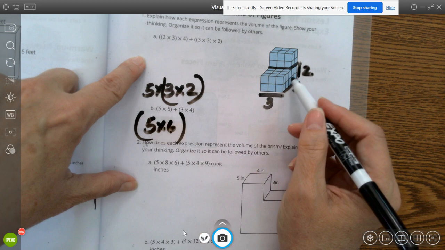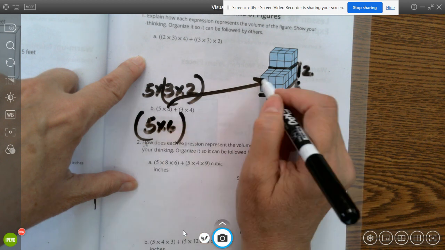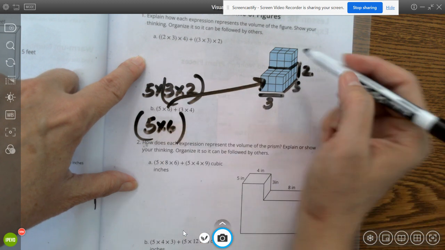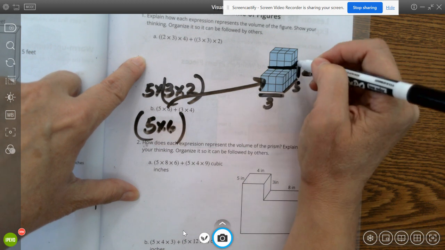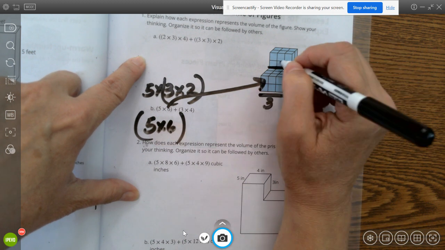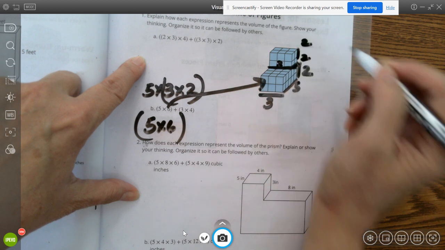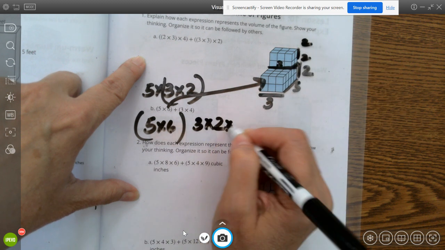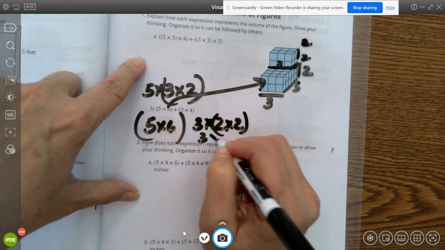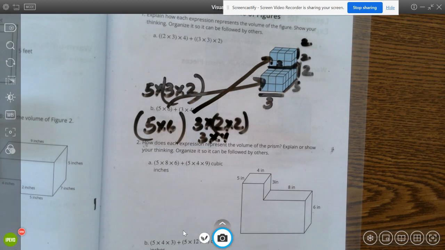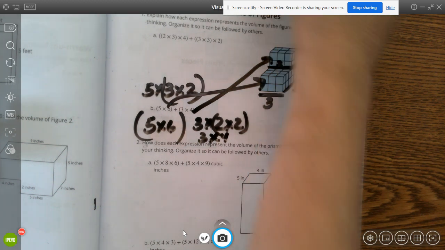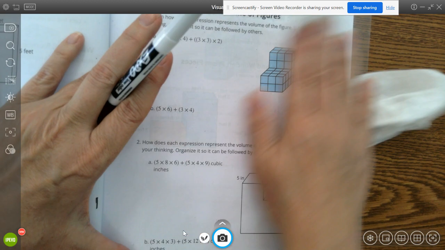So that's where that part equals. Now I'm going to talk about the top part. That one was 3 times 2 times 2, which is the same as 3 times 4. That equals that one.